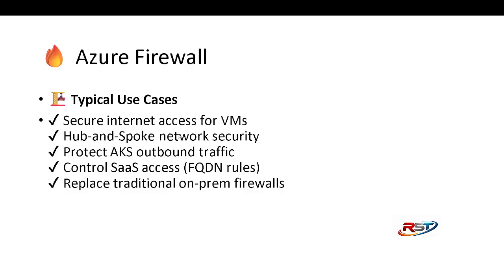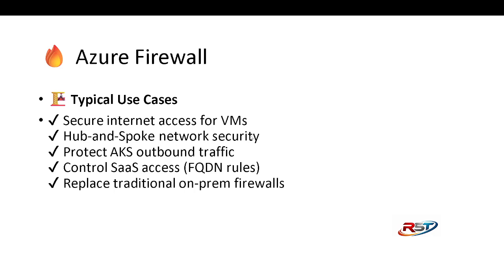Azure Firewall typical use cases. In what cases do we use Azure Firewall? Secure internet access for VMs: when a VM's internet connection should be secure, we use Azure Firewall.